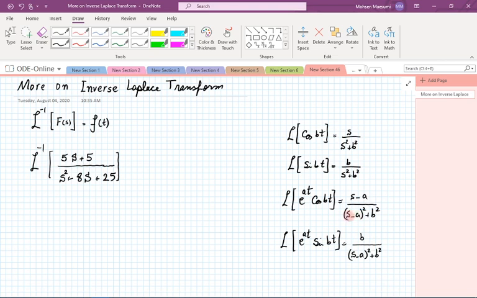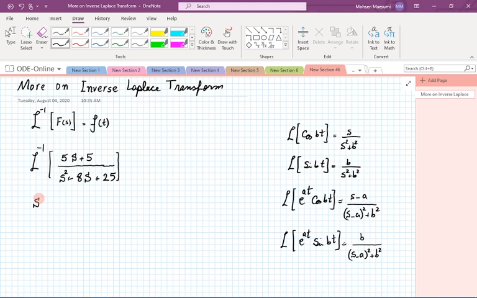To recognize these things in our table, we need the denominator to be a sum or difference of squares. So we need to practice that all important thing from high school, completion of squares. When this is given, you have to transfer it to this type of expression. And then when that is done, we have to take the numerator and split it between these two types. So it's a two-step process. Let's get started.